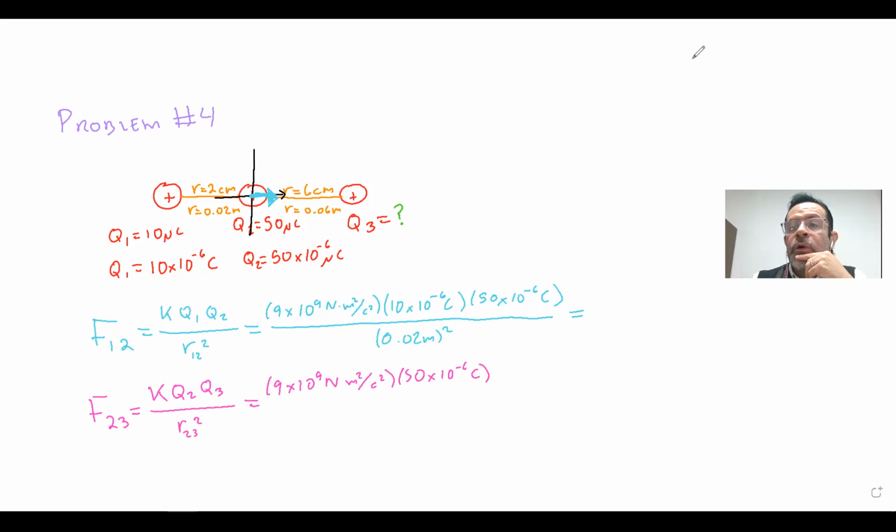And we don't know the value of Q3. That's what we're trying to find. And this is going to be divided by 0.06 meters squared.